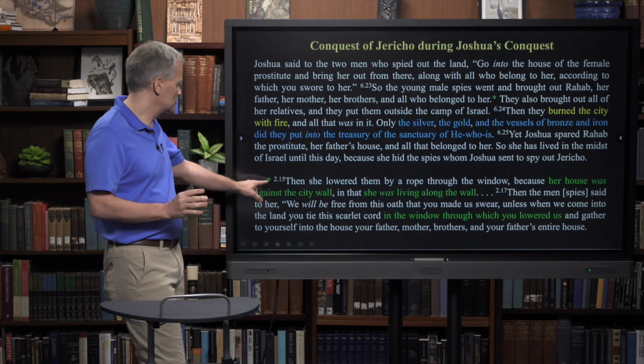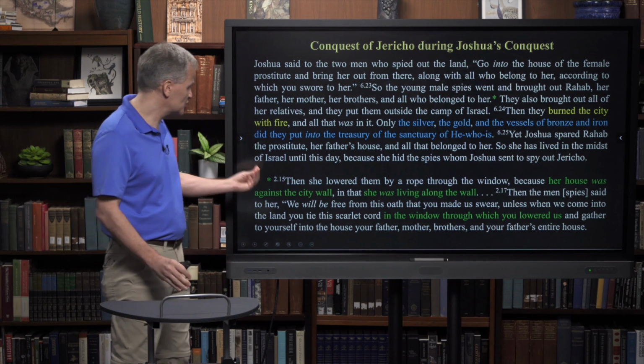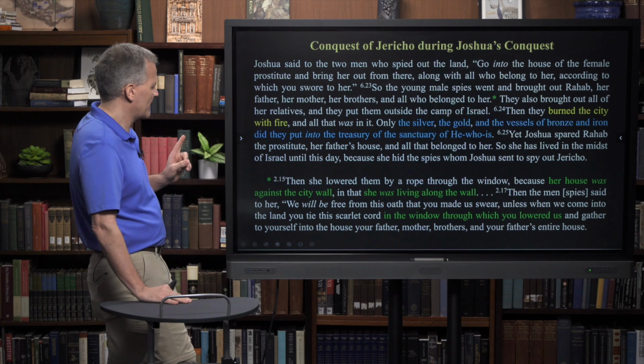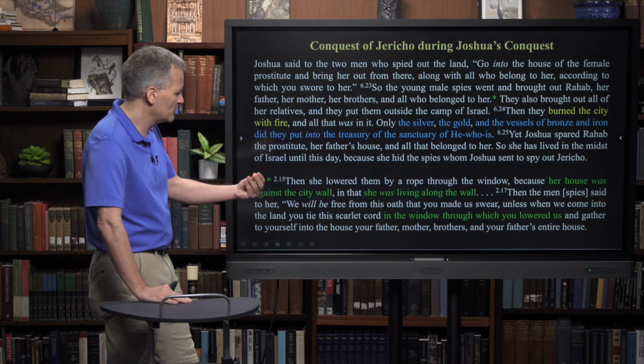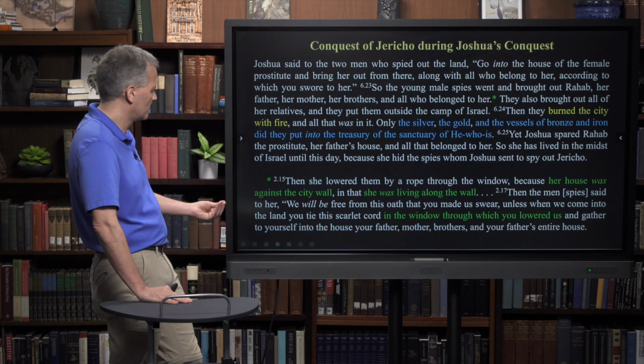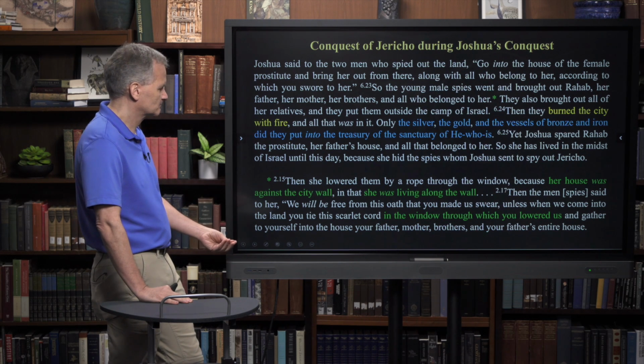So for that, we go to chapter 2 of Joshua, where it says this. Then she, and that means Rahab, then she lowered them by a rope through the window, and that's the window of her house, because her house was against the city wall, in that she was living along the wall.